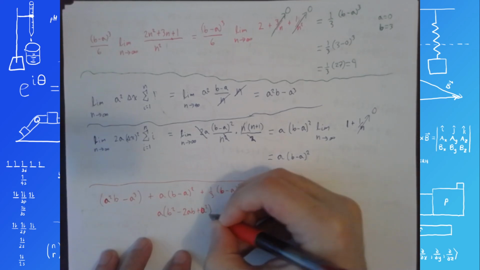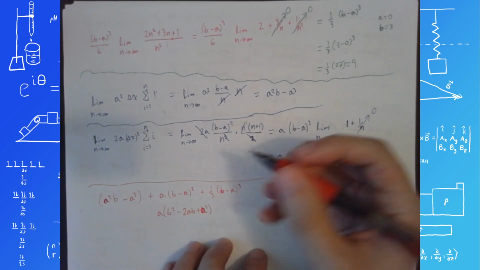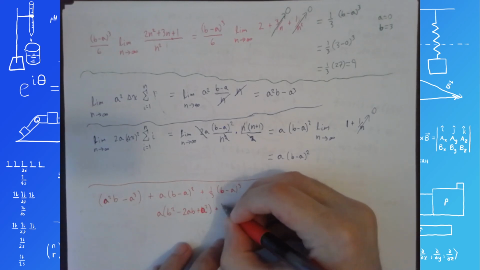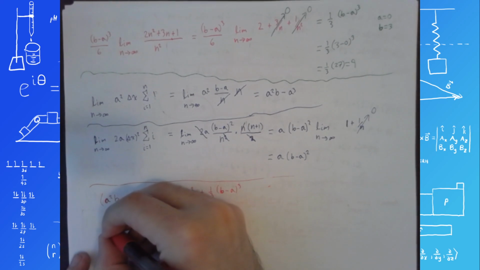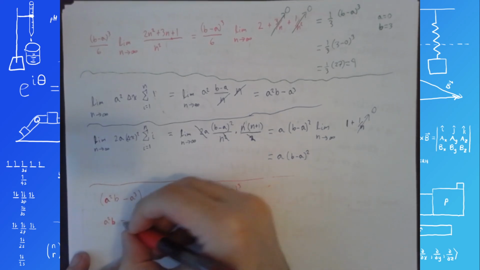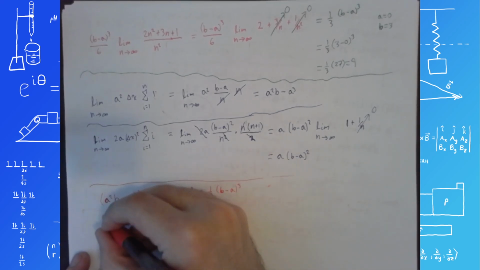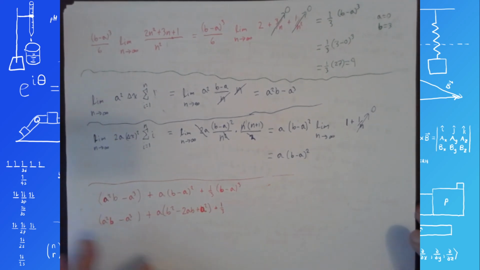Not b squared again. That would have been a fatal mistake right there. Okay, plus 1/3. Let's copy that over. a squared b minus a cubed. Okay, b minus a all cubed.